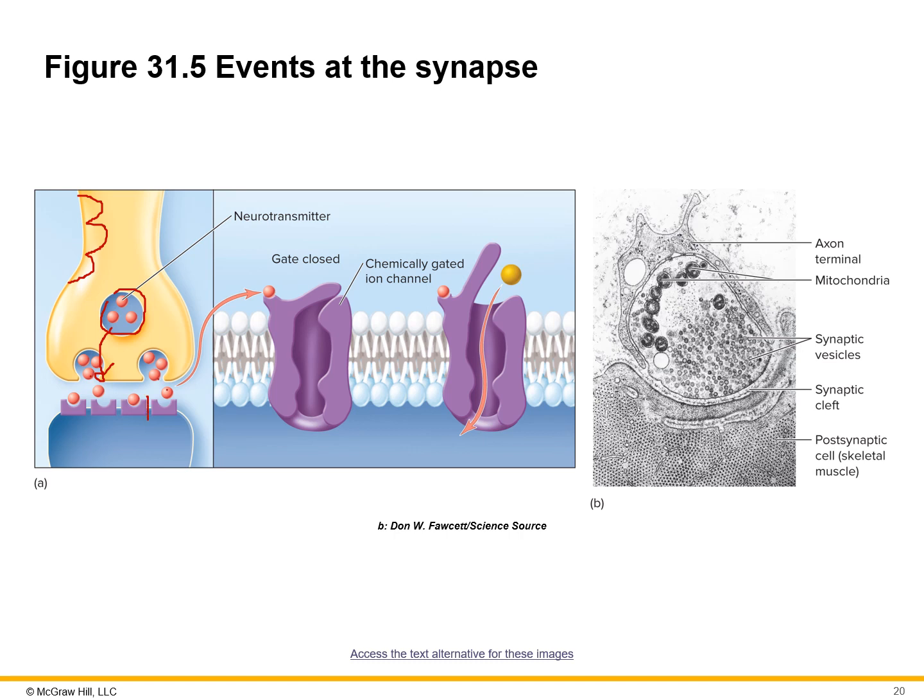And those neurotransmitters bind to ligand-gated or chemically gated channels. As this next picture is showing, it's closed, but once the ligand or chemical binds, it opens up that gate and allows that ion to move through it.